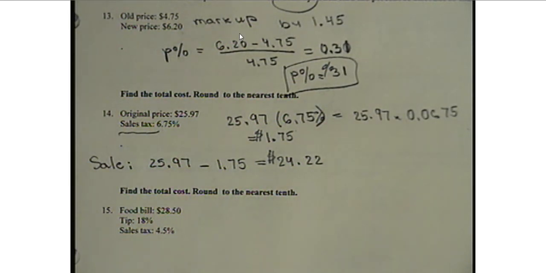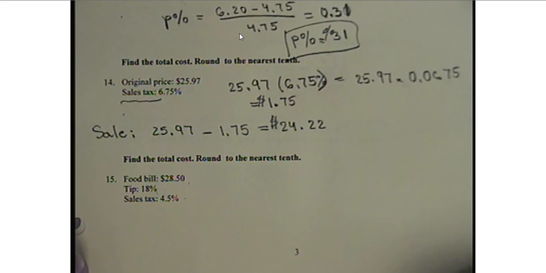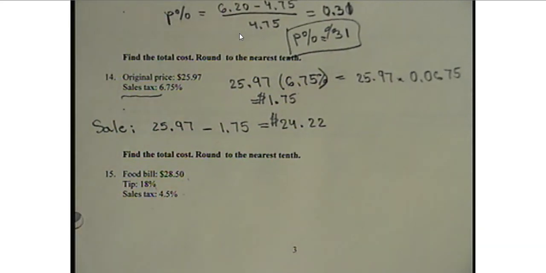In the final example, we have given total food bill of $28.50, tip 18%, sales tax 4.5%. So the situation is, if you go to a restaurant and you have to pay all of those things, you have to have an idea what you must pay and how much it's gonna cost you. So let's say you spend $28.50 on your food purchase, but also you have tip 18%.